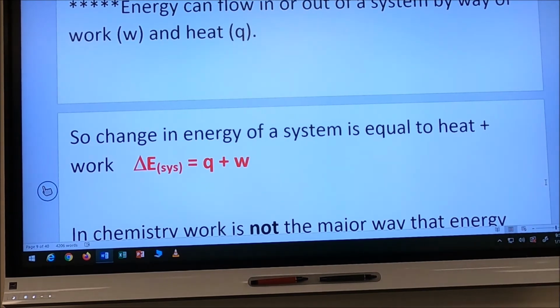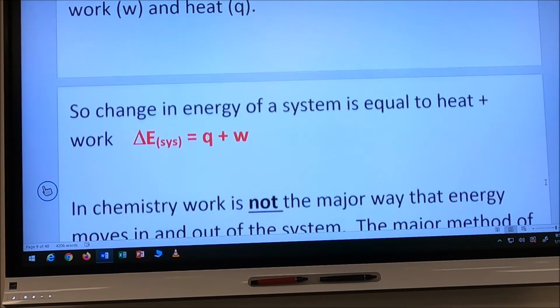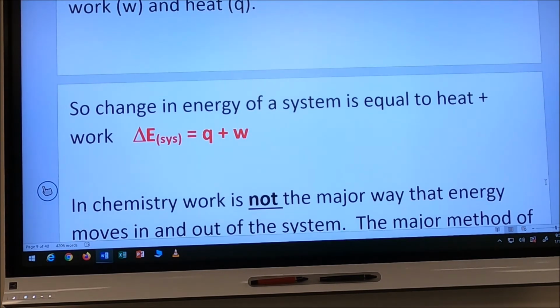The other form of energy that can flow in and out of the system is heat. Heat is an atomic level energy transfer. Heat is due to collisions between individual particles on that submicroscopic scale. If you put your hand on a tabletop, it'll feel cool to your touch, or it should.